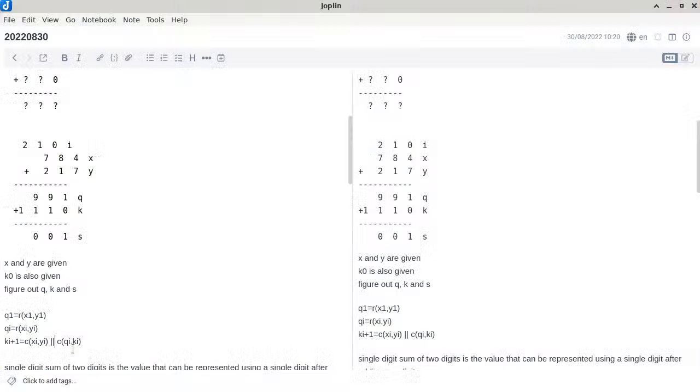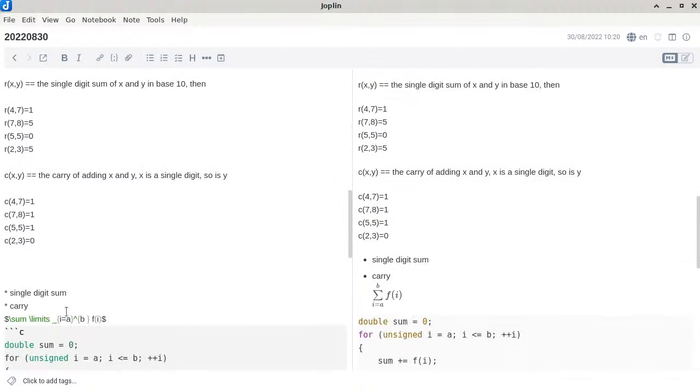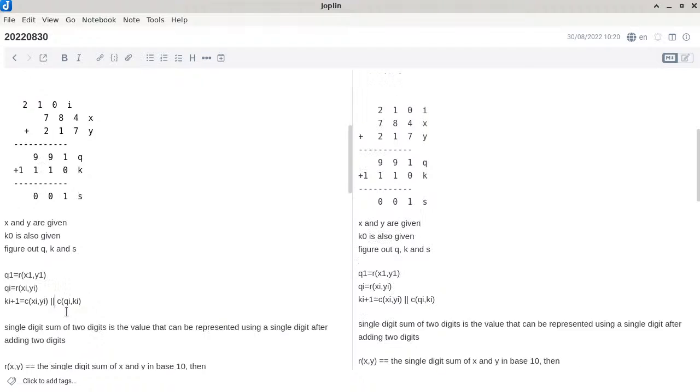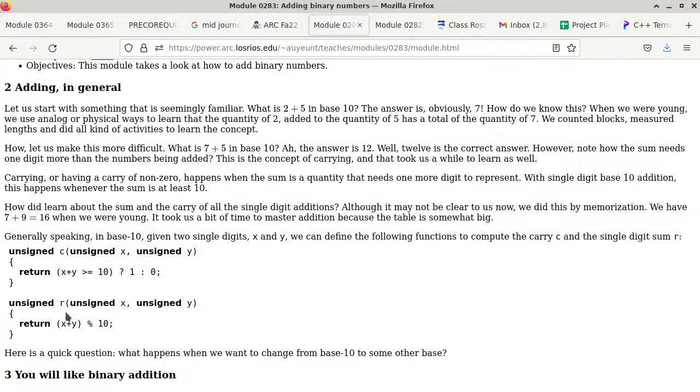Definitions like how Q relates to X and Y, how R and C are defined, and so on. All of these are already in the notes. All you have to do is figure out how you want to organize these definitions in your notes so that you can find your stuff.